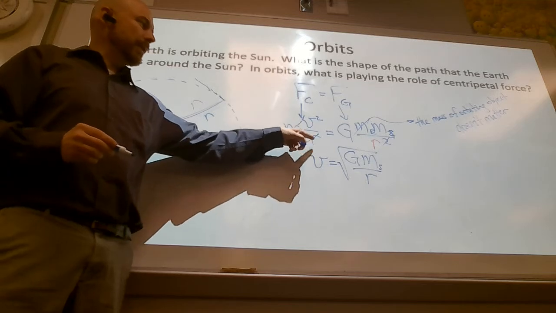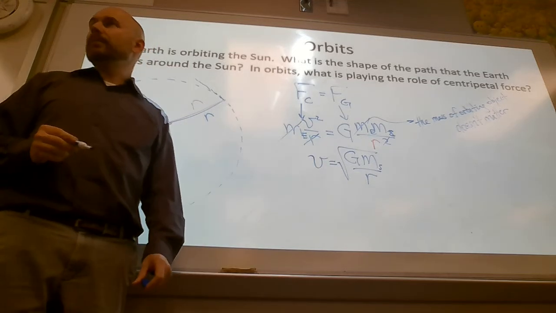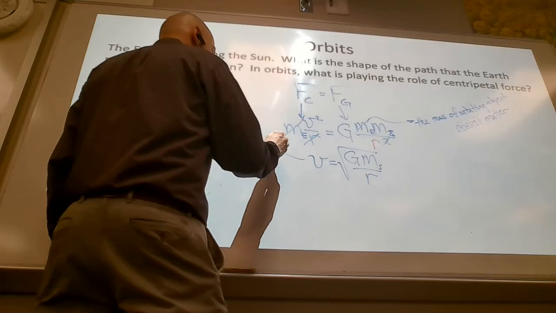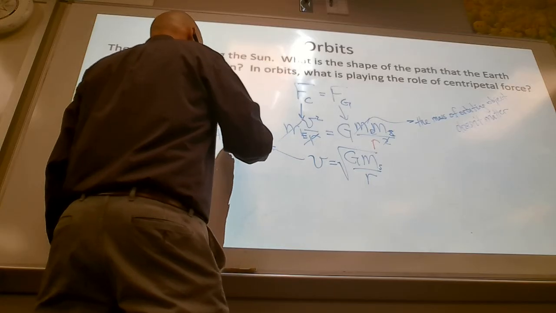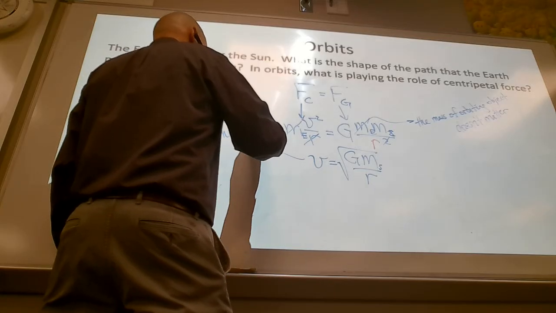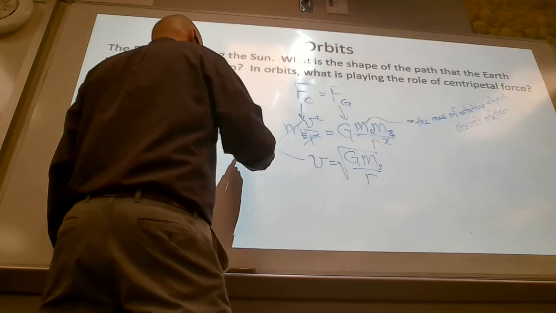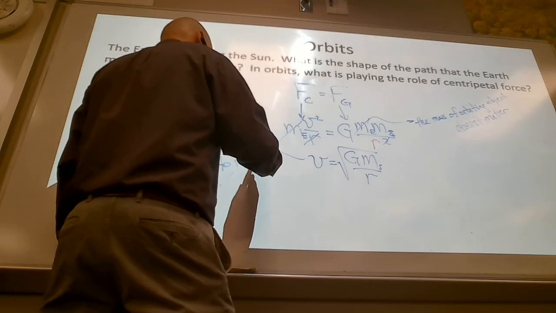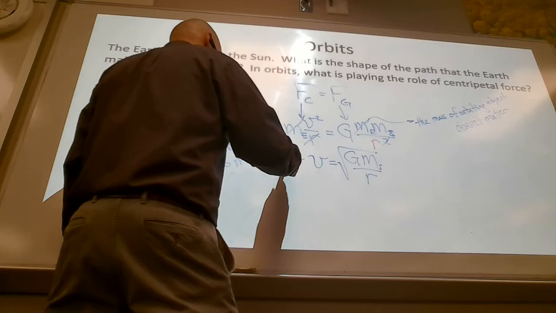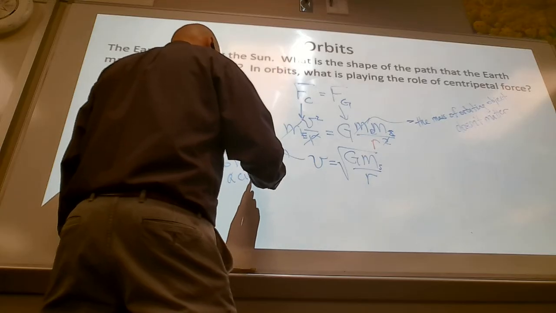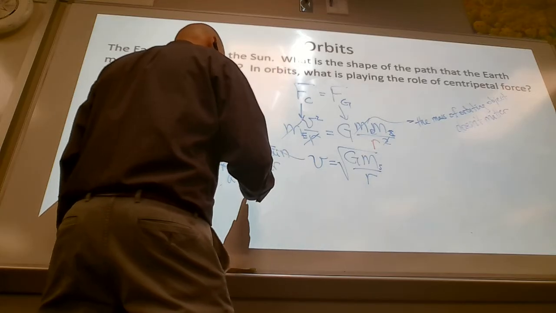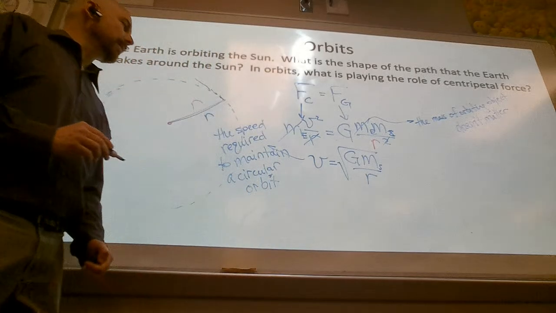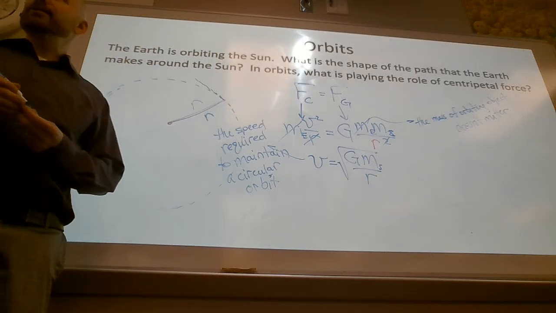So these canceled out and I took the square root of both sides. So this is the speed required to maintain a circular orbit. Speed required to maintain a circular orbit.